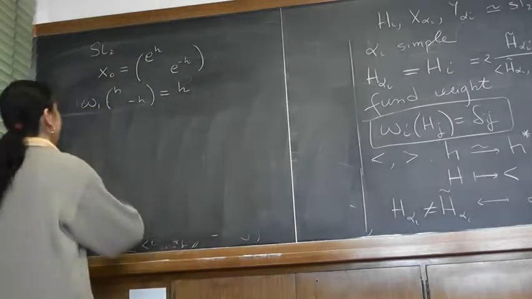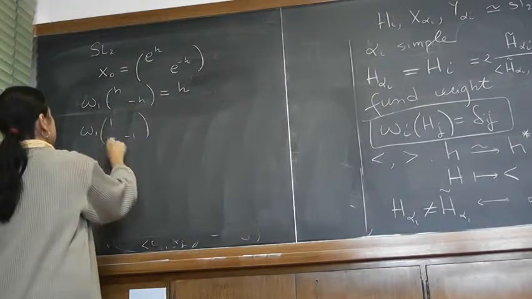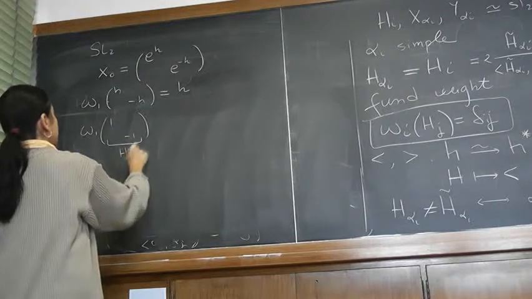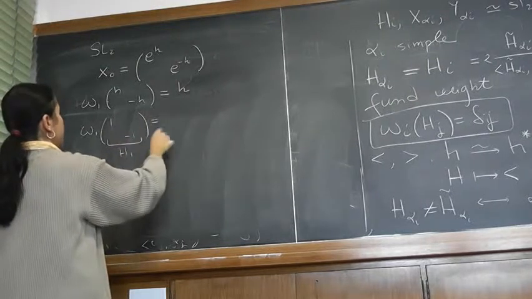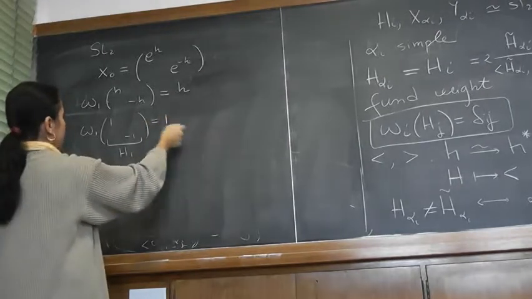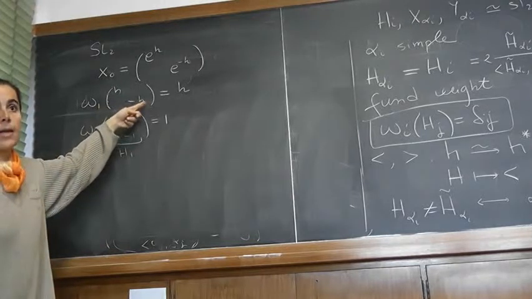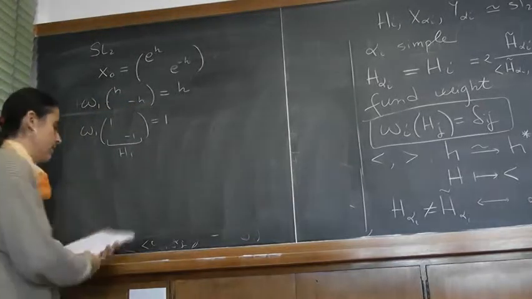What is h? So omega 1, this is h1. So this must give 1, which is the delta ij. So if you apply it to h minus h, it is h. All right.